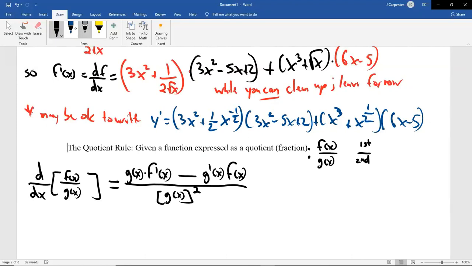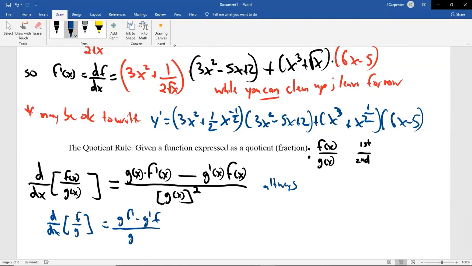So some alternate ways. If I just say the d dx of f over g, I could write g f prime minus g prime f over g squared. Or I could write, what's my favorite?